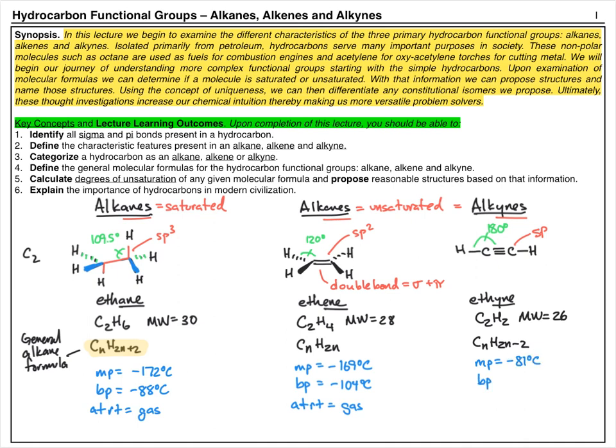The boiling point is negative 84. So that may seem a little strange. This molecule actually sublimes, so it doesn't really go through a liquid state. So at room temp, this is a gas.